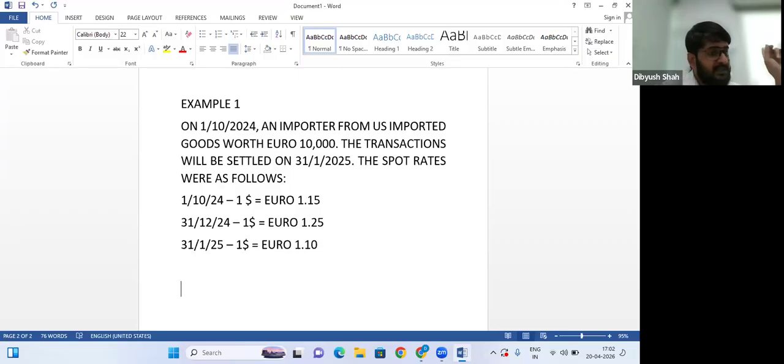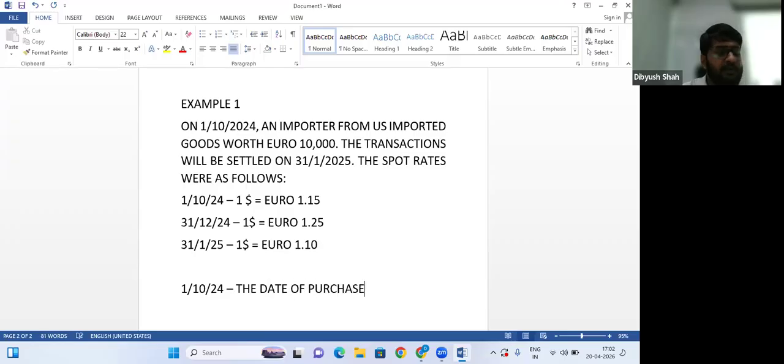The rule says, see, there are three aspects of this accounting. First will be done on 1st of October 2024. That is the date of purchase or, you can say, the date when the transaction actually happens.